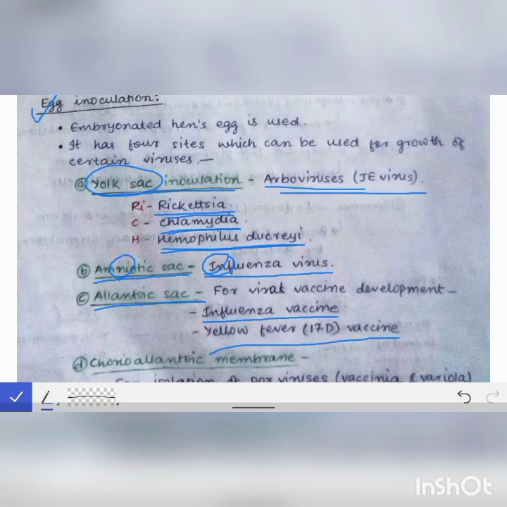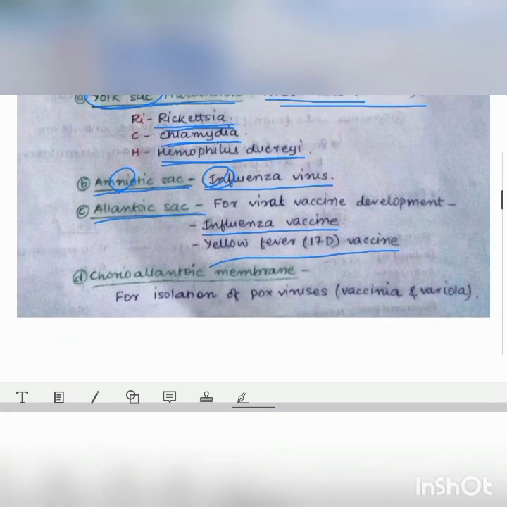And why do we choose the allantoic sac? Because the allantoic sac is a larger sac in the embryonated egg. Therefore we get the vaccine in a sufficient amount, and hence we grow it in the allantoic sac.